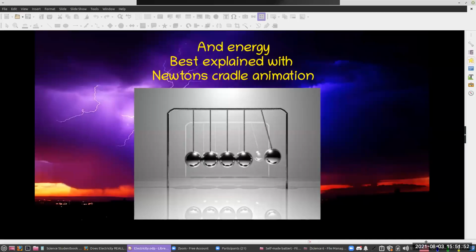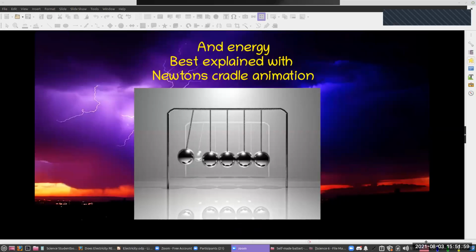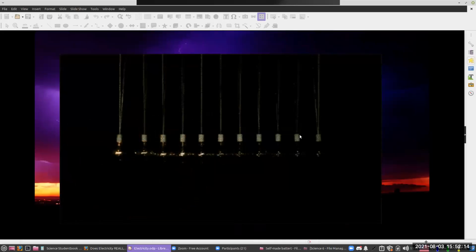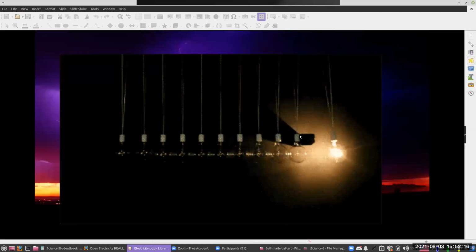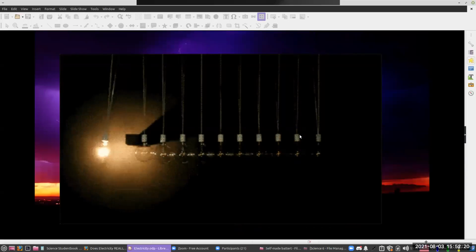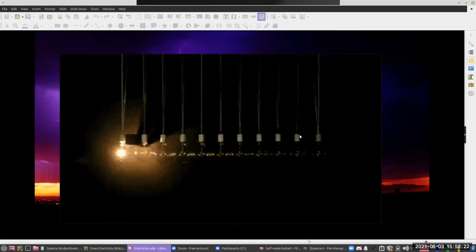As an example, maybe you know this here. We call it a Newton's cradle. On one side, I give an electron, and on the other side an electron comes out. It's very good to see here. So the electron passes through the material to the other side.